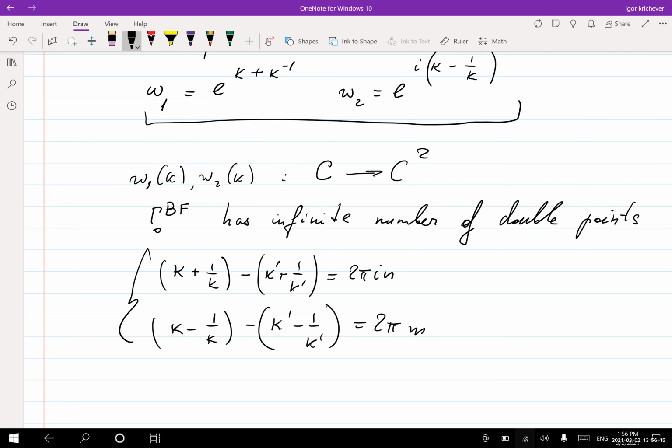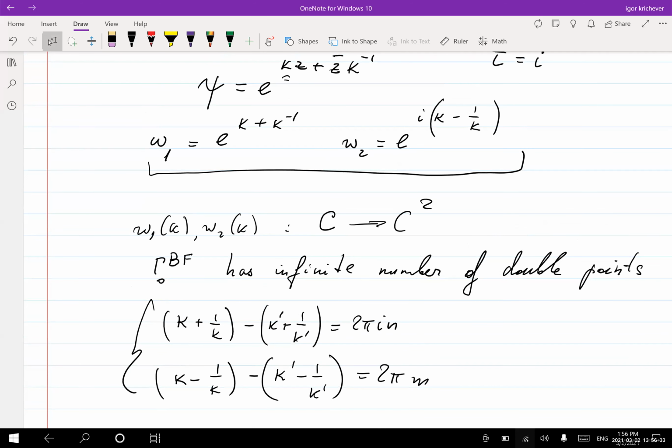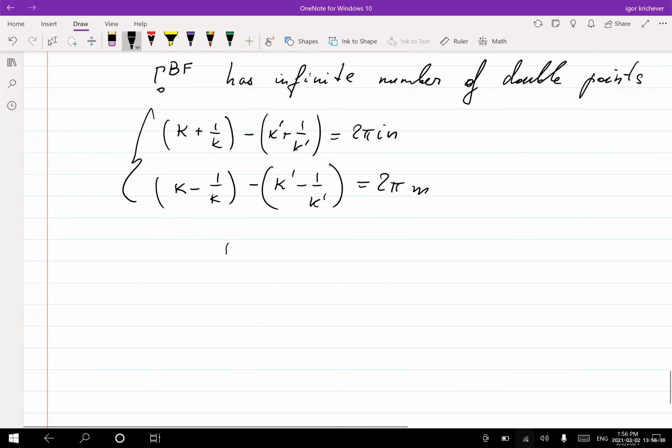This is two equations for two unknowns, k and k prime, and they correspond to self-intersection, the preimage of some point, because if k and k prime satisfy this relation, then W alpha of k equals W alpha of k prime. This is exactly the condition that there is a double point, a self-intersection point of the curve.